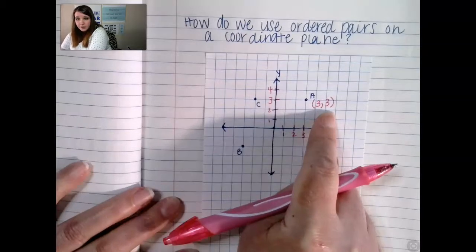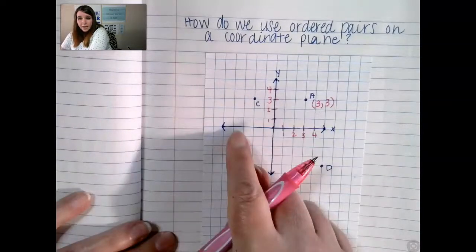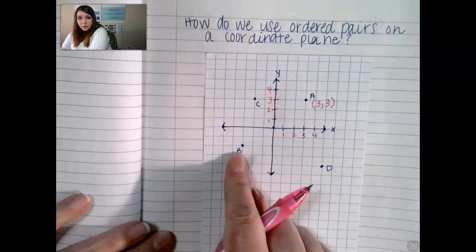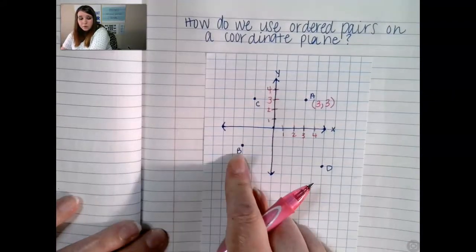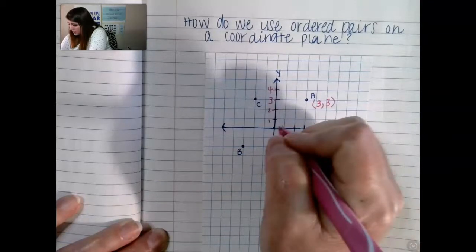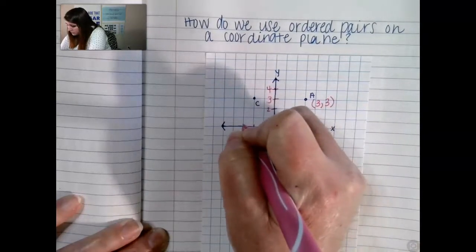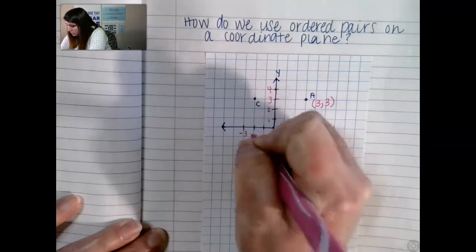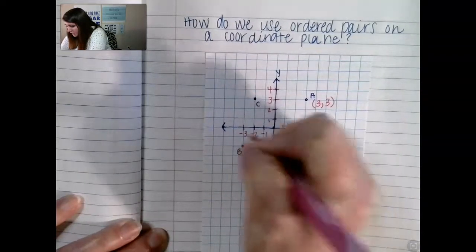Now, let's take a look over here on this side of our coordinate grid so that we can go to letter B. So I'm going to go ahead and label these. And this one is -3. Remember that you are on the negative sides.